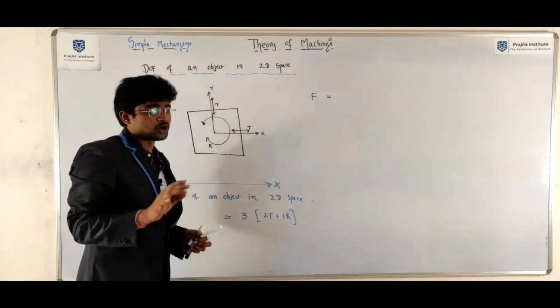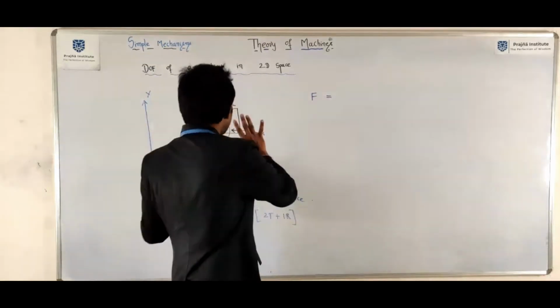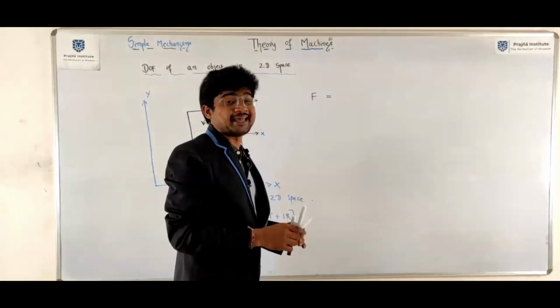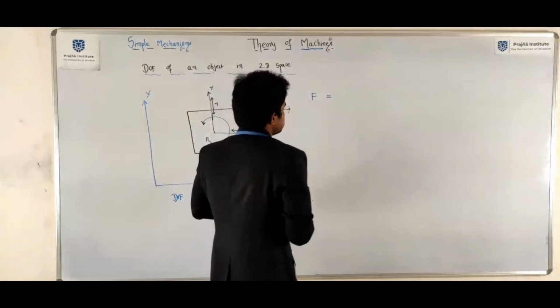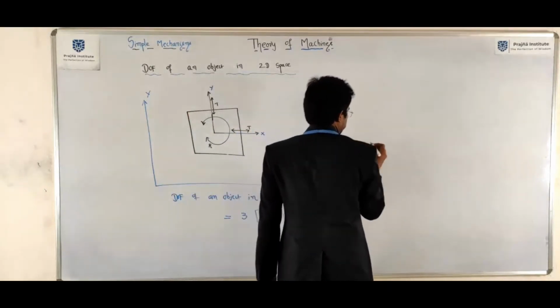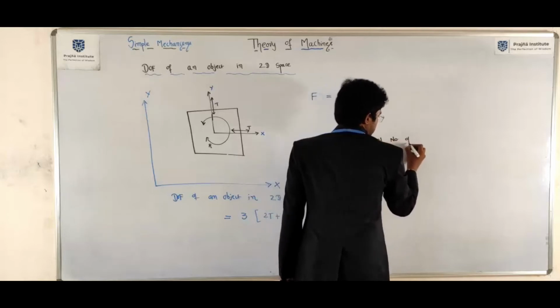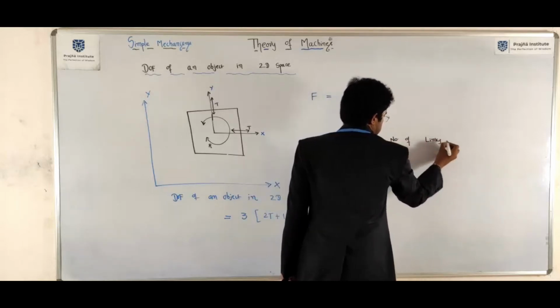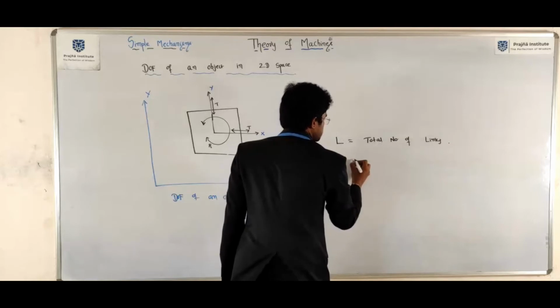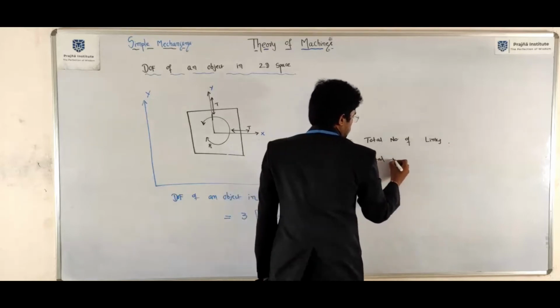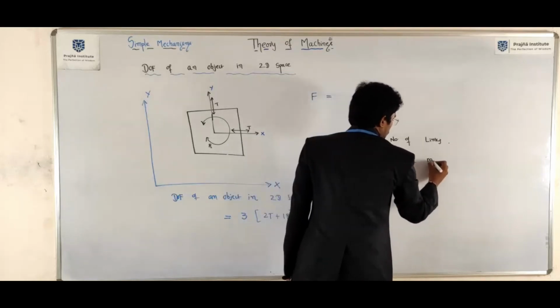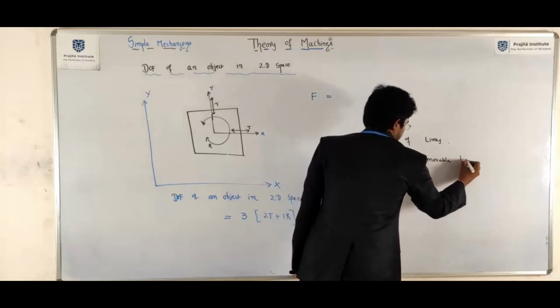So we need to talk about only planar mechanisms and planar objects. Now L is equal to the total number of links. Similarly, L minus 1 is the total number of movable links.